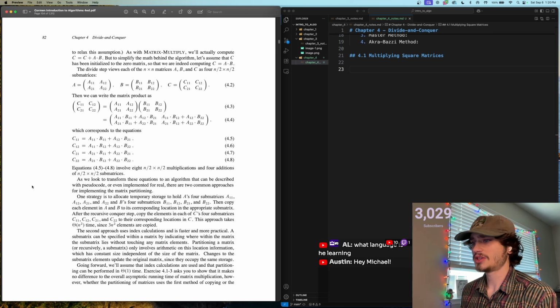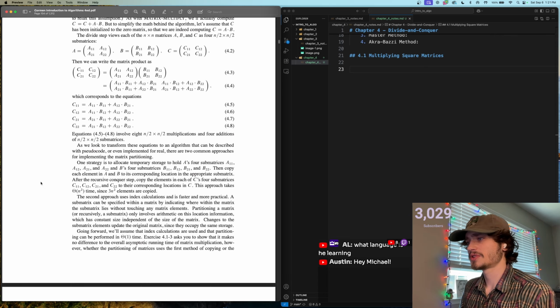Then copy each element in A and B to its corresponding location in the appropriate submatrix. After the recursive conquer step, copy the elements in each of C's 4 submatrices, C11, C12, C21, and C22, to their corresponding locations in C. This approach takes theta n squared time, since 3 times n squared elements are copied.